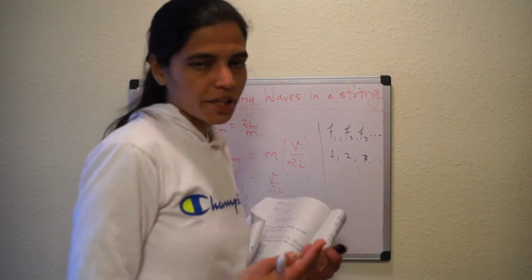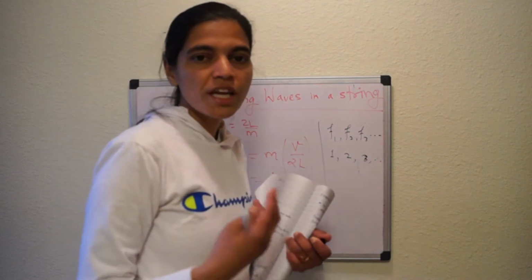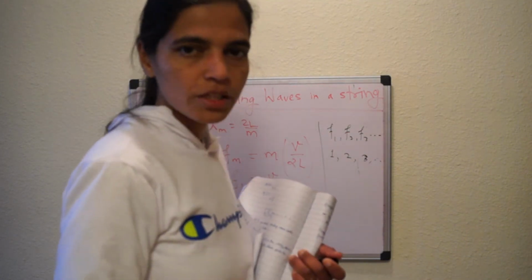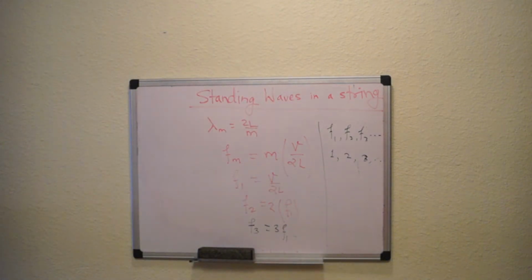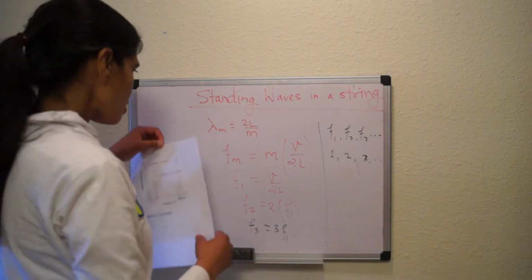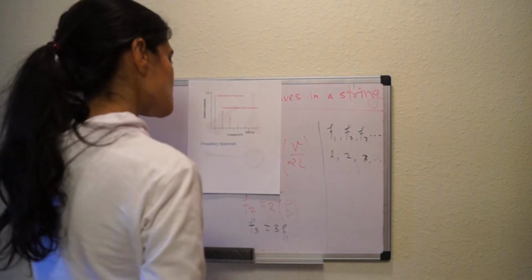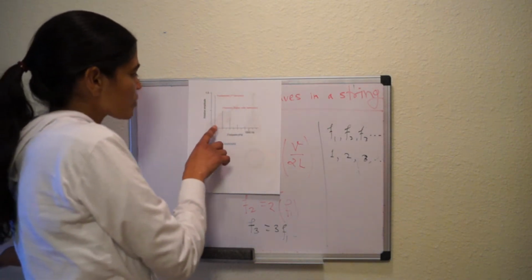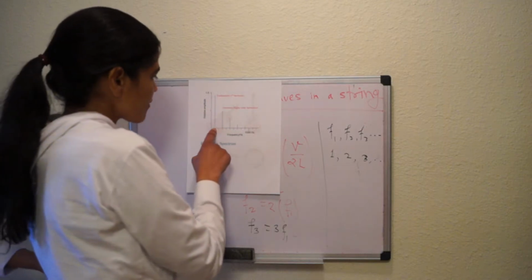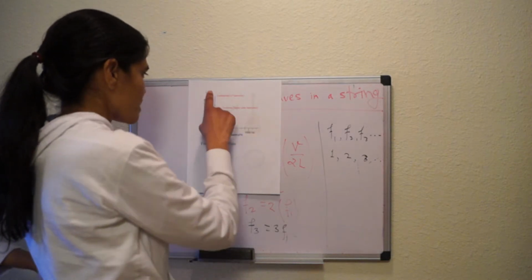However, this is not always the case in all sound producing or standing wave producing instruments, or any physical object. If you look at the frequency spectrum, there is a relationship between the frequency and the relative amplitude. Here the frequency axis is in hertz, and the maximum relative amplitude is 1.